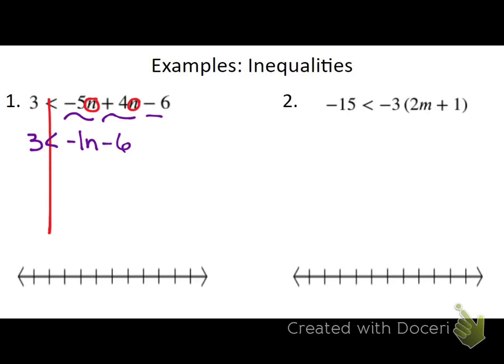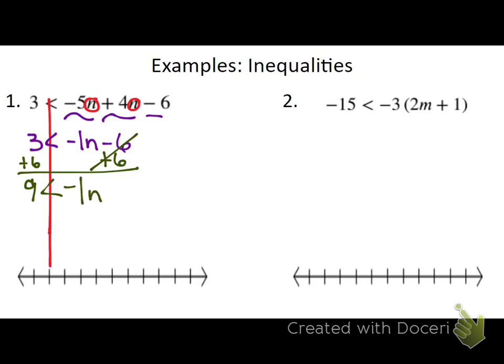So we're going to undo that minus 6 and add 6. Same rule, whatever we do to one side of the line of equality, we still do to the other. So on my left side here, I take 3 plus 6 and I get 9. 9 is less than negative 1n.